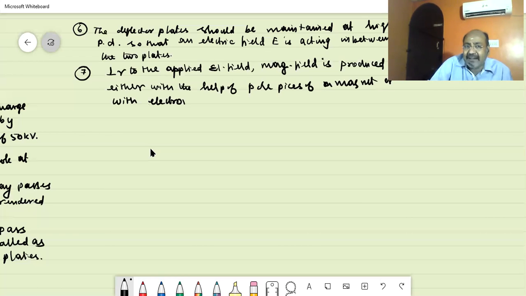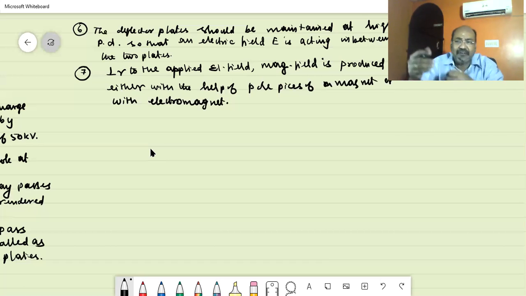So by supplying the electrical current to the coils of wire, that electromagnet is able to produce a magnetic field, and the produced magnetic field is perpendicular to that of what? Perpendicular to that of the applied electrical field. That means the applied electrical field and magnetic field are acting on the beam of electrons perpendicular to each other.